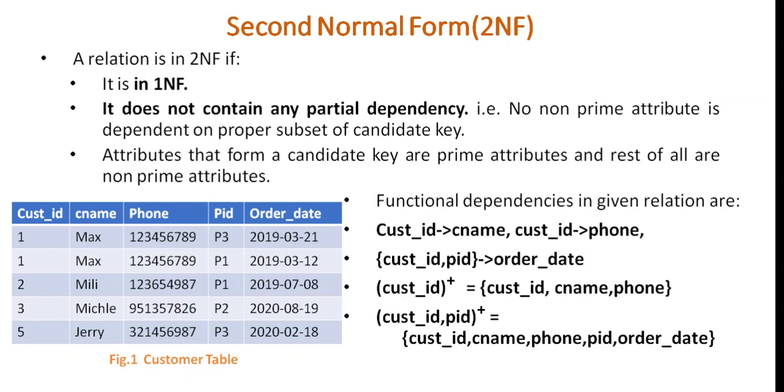Customer ID and product ID is the key, and this key consists of product ID also, so the product ID attribute is written in the closure set. And customer ID and product ID combinedly determine order date because it is given in a functional dependency. That's why the closure set of customer ID and product ID consists of all the attributes: customer ID, customer name, phone number, product ID and order date.